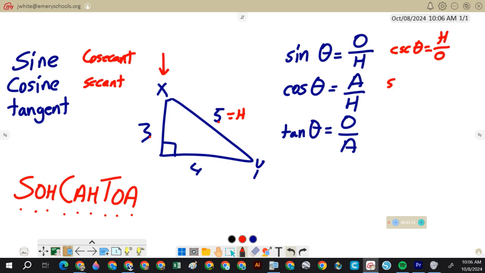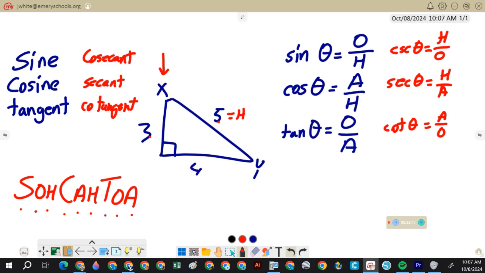The secant of theta is defined as the inverse of the cosine. And then the last one is called the cotangent. And it's just the reciprocal of the tangent. So the cotangent is A over O.